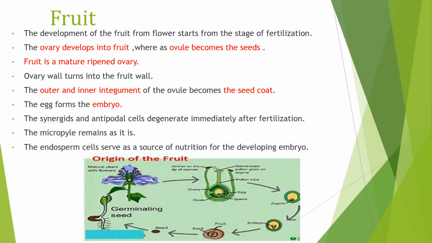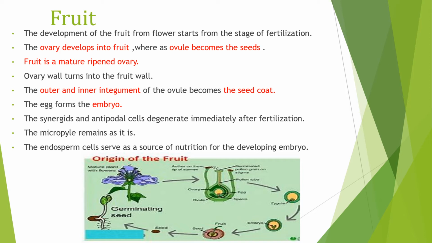Now the fusion of the male nuclei along with the female nuclei in ovule leads to the development of the zygote. The synergids then degenerate and the antipodal cells also degenerate.